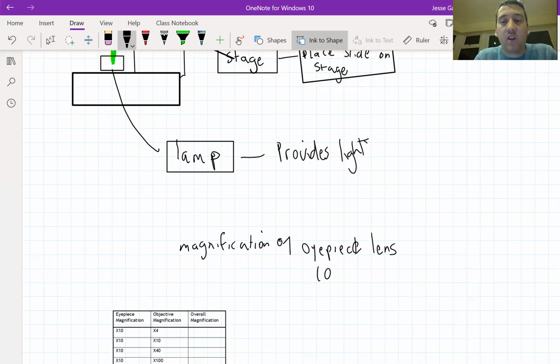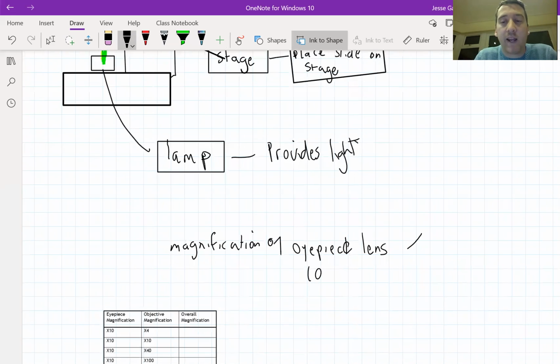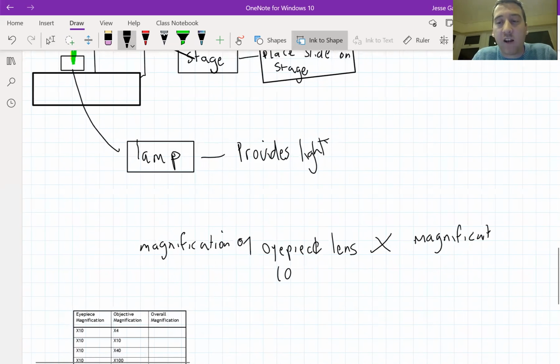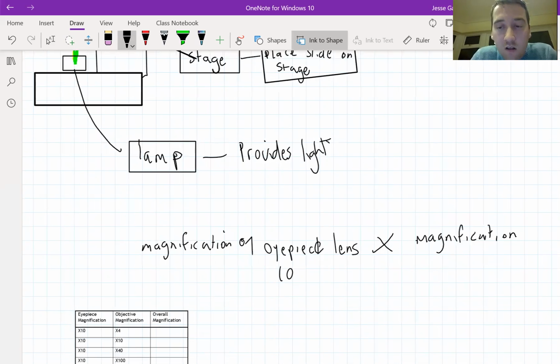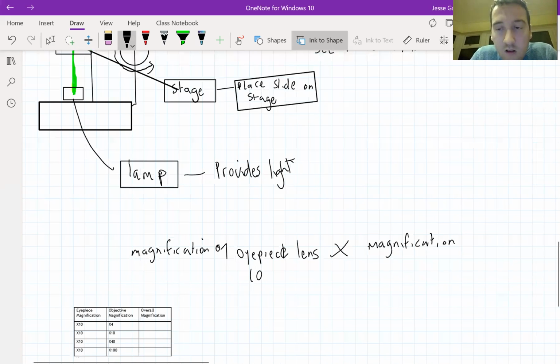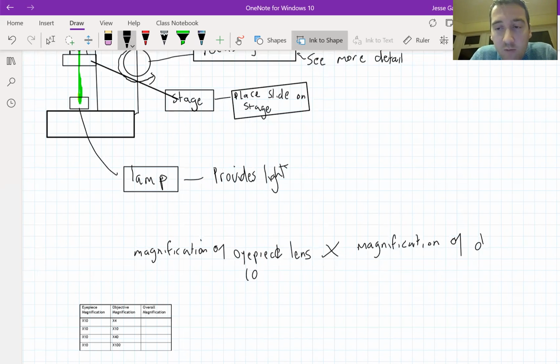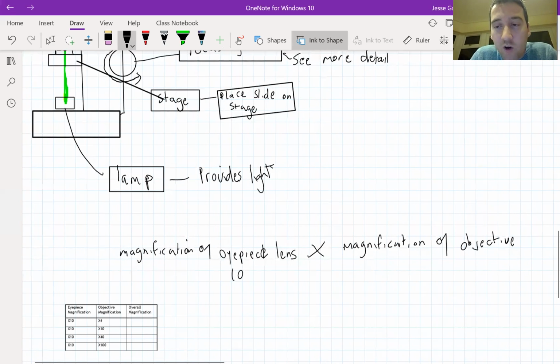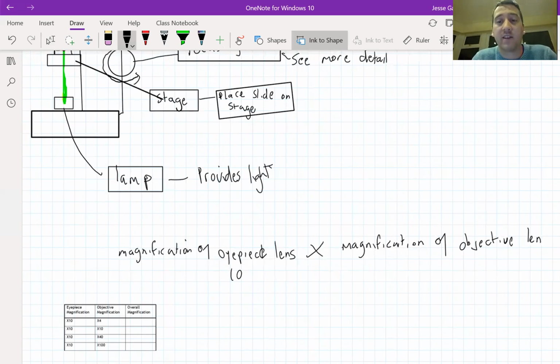Now, to get the total magnification, we combine it by multiplying it by the magnification of the objective lens. Remember, this one is the one we can change. So we can select the 100, or we can select the 40, we can select the 10.